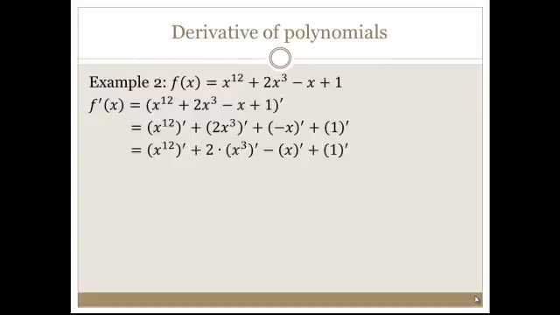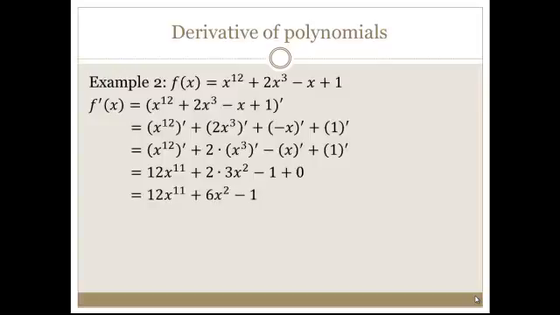Now we can factor out the coefficients. So we have the derivative of x to the 12th plus 2 times the derivative of x cubed minus the derivative of x plus the derivative of 1. Finally, using our power rule to take these derivatives, we get 12 times x to the 11th plus 2 times 3x squared minus 1 plus 0.